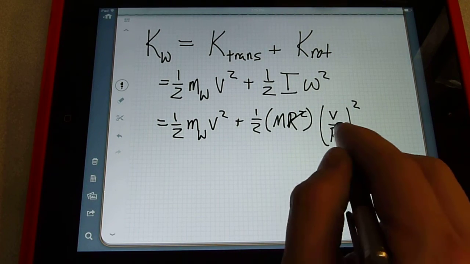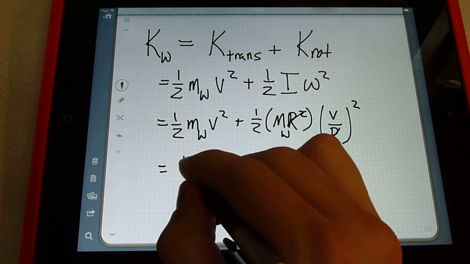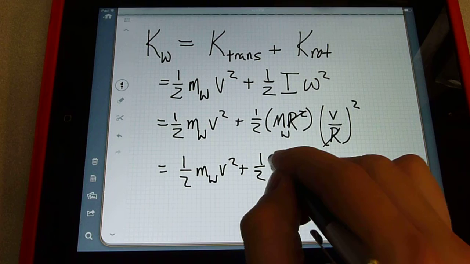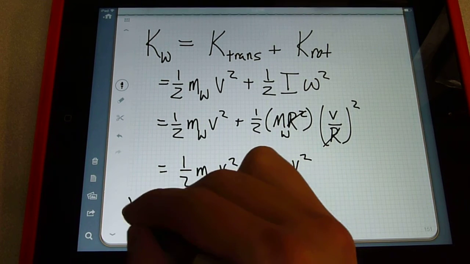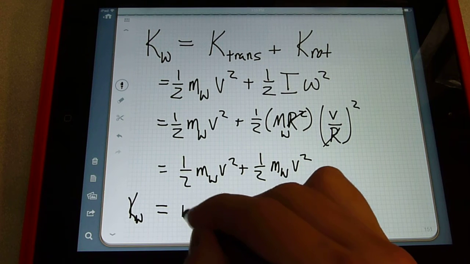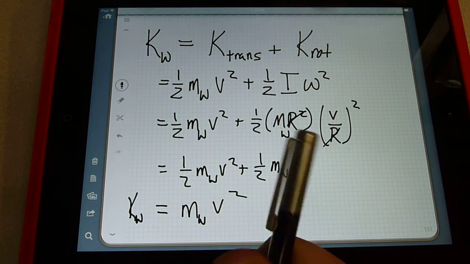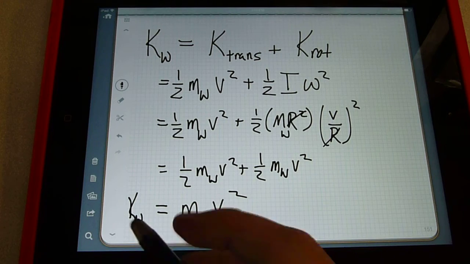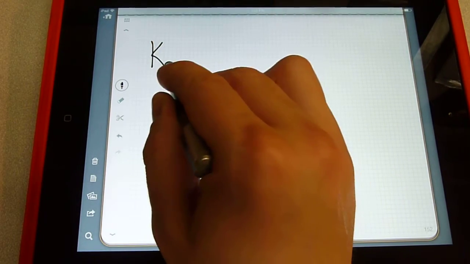This shows that my r squareds are going to cancel, and I'm going to have 1/2 times the mass of the wheel v squared plus 1/2 times the mass of the wheel v squared, which means my total kinetic energy for my wheel is equal to just m of my wheel v squared. The two halves go away because I'm adding two similar terms that each have a half as their coefficient.